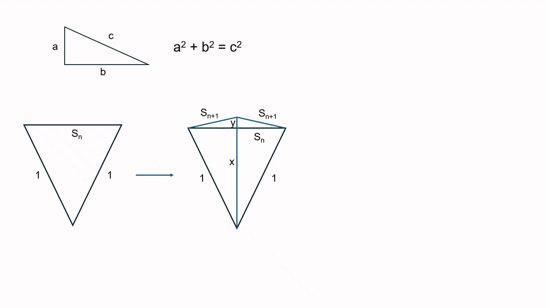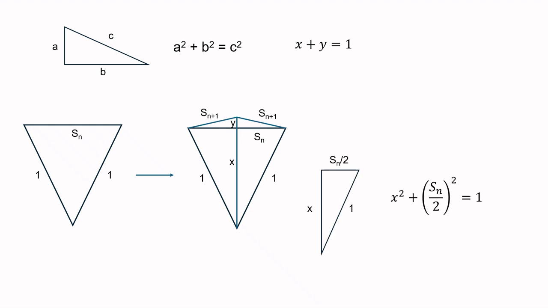So the part that traverses the original triangle, we'll call the length of that x, and the part that goes beyond the original triangle, we'll call that y. And by definition, x plus y must equal 1 because these are isosceles triangles. So x plus y equals 1. This is one important thing that we need.